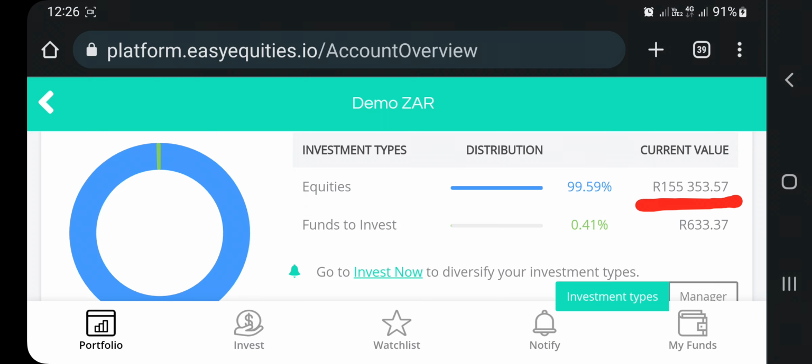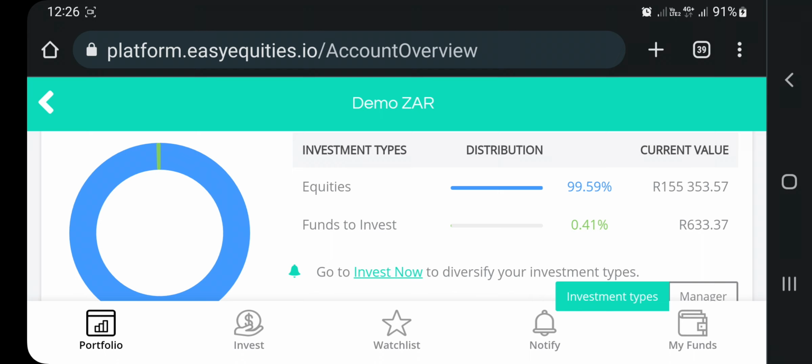Then funds to invest. What is funds to invest? Funds to invest is the money that is in your account. It might be the money that you just deposited, okay? You just deposited the money, but you haven't bought anything yet on the market. It's just money, your money is still there. You just bought nothing.